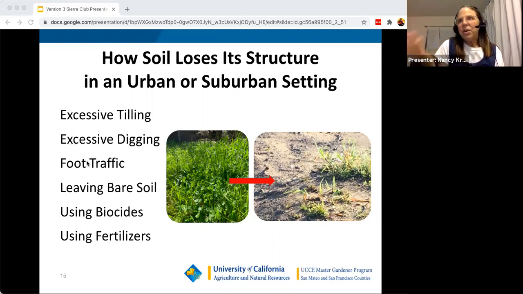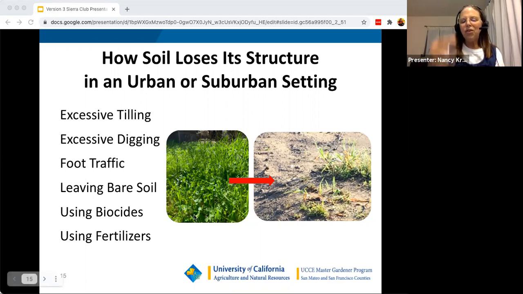By leaving soil bare, you just kind of forget about it and you don't plant it, or for whatever reason you've left it bare. By using biocides, meaning insecticides, herbicides, fungicides, or by using synthetic fertilizers.